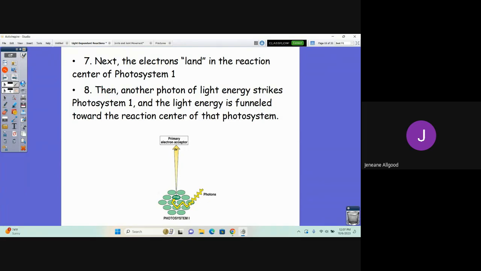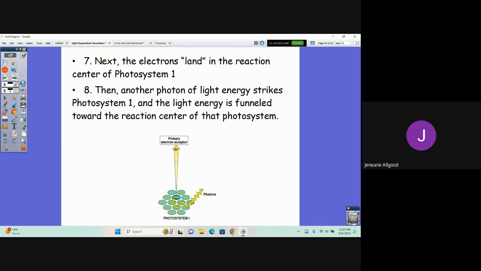So they're gonna land in that reaction center, another photon of light is gonna come in, and then bounce around from pigment to pigment until it gets to that reaction center, and again excite those electrons there. Now, yes, we're gonna go through step by step, but I don't want you to think, why is she making us write this? It's just the same thing that happened before.